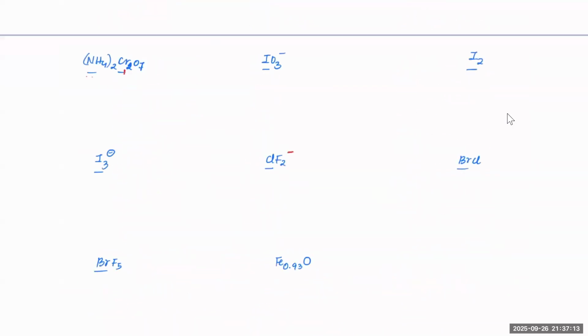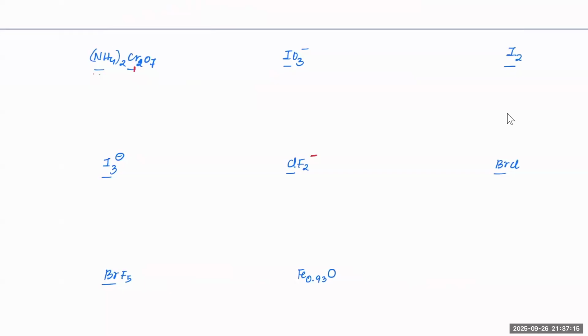The last few of them. Here, chromate, we learned it as it will always come out to be +7, as nitrogen here will be -3. I3 minus, we will have 3x equal to -1.